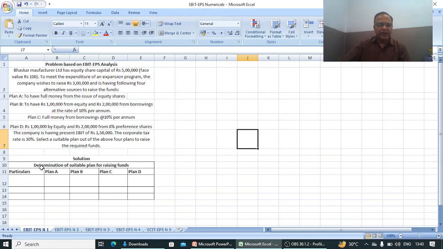So first of all, determination of suitable plan for raising fund, you have to write down here, and after that particulars, plan A, plan B, plan C and plan D.